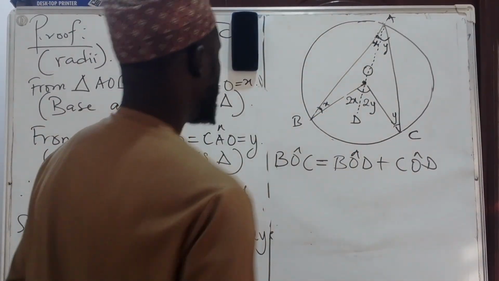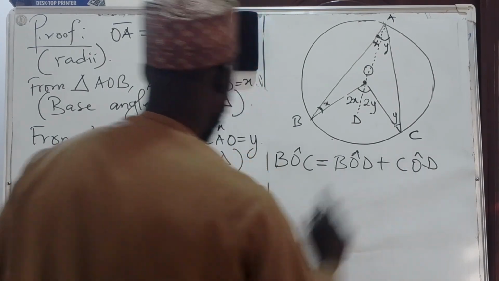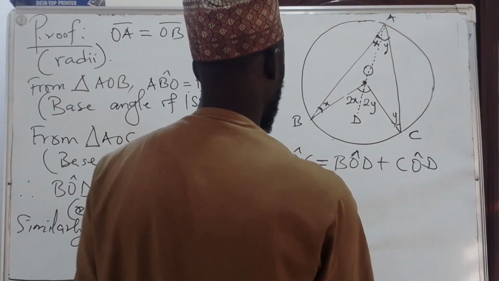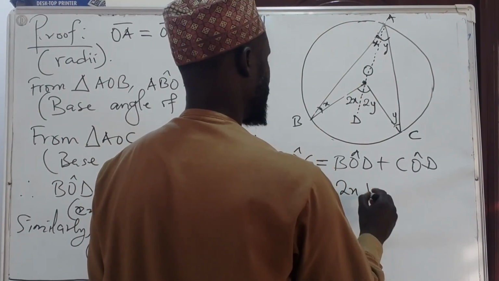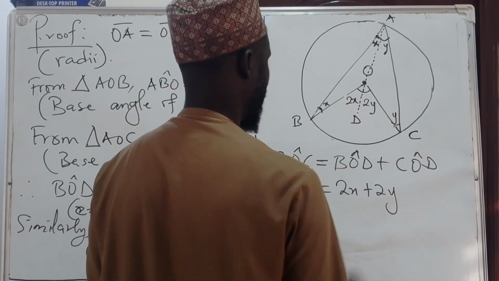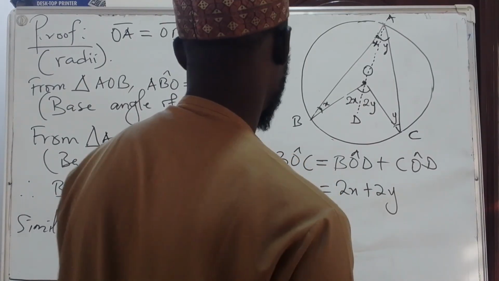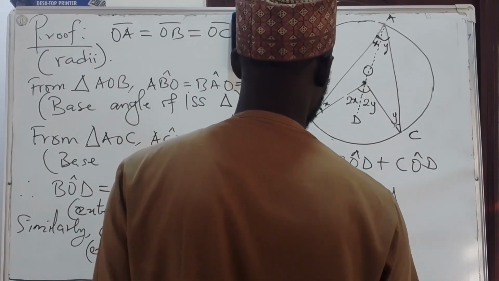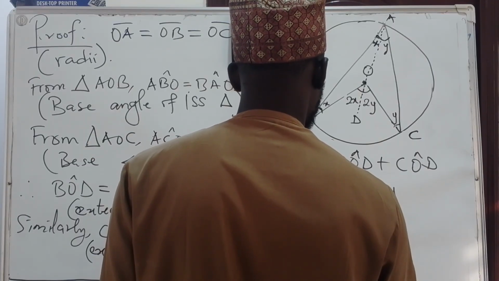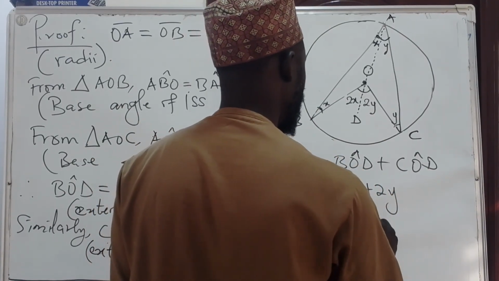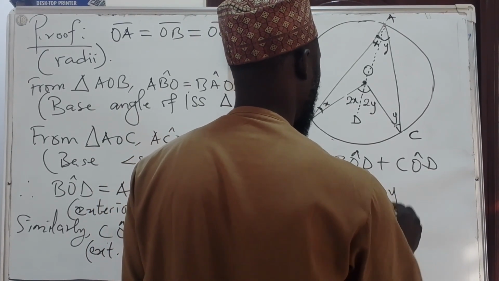But BOD plus COD, this is equal to what? 2x plus 2y. So that is equal to 2 into x plus y.